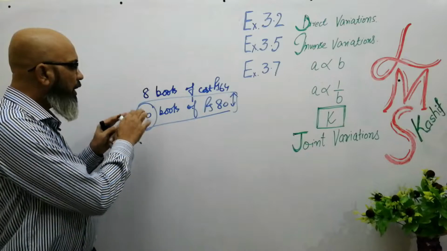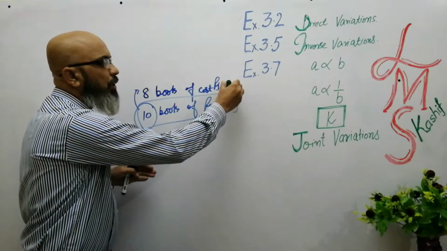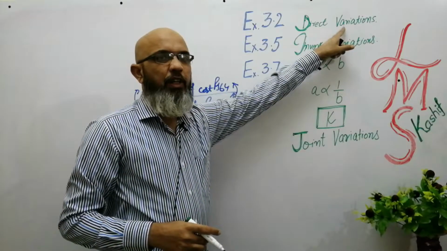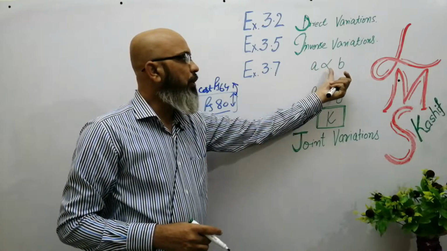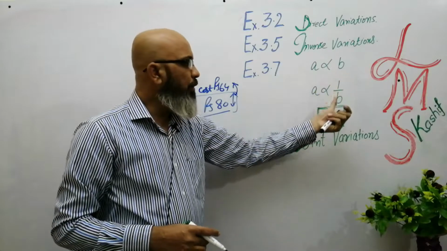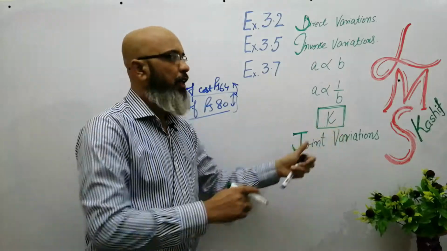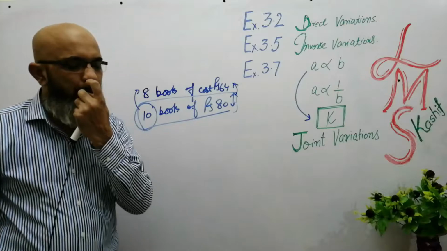Or the other way, if one quantity decreases, the other quantity also decreases. That is called direct variation. Direct variation is always written in this form: A is proportional to B, that is the sign of proportionality. We will use a proportionality constant to change this into an equal sign. We will discuss it later in the question.